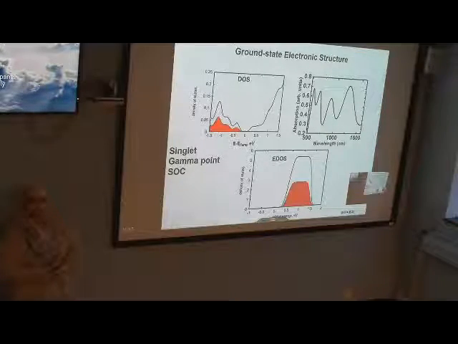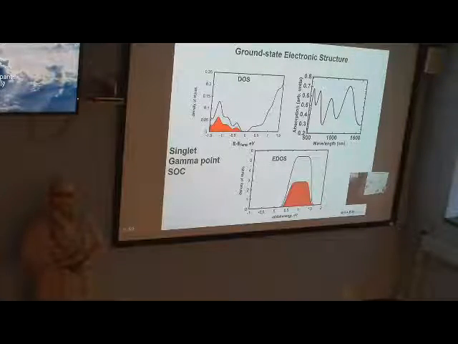The gamma point is with spin orbit coupling and another one is spin polarized, and k points are also the same with spin orbit coupling and spin polarized. So four sets.